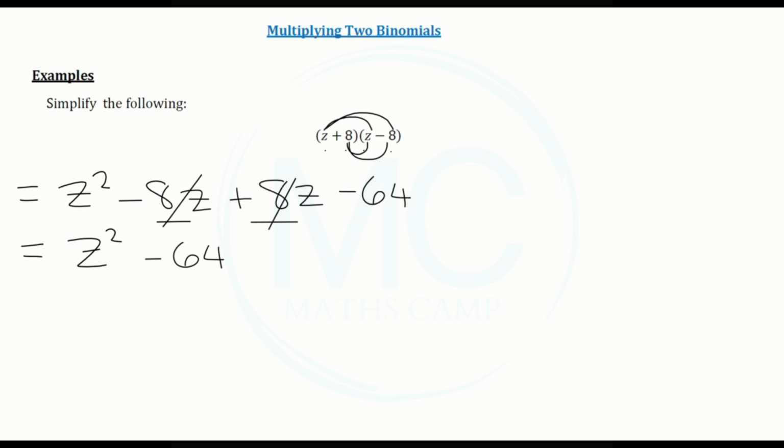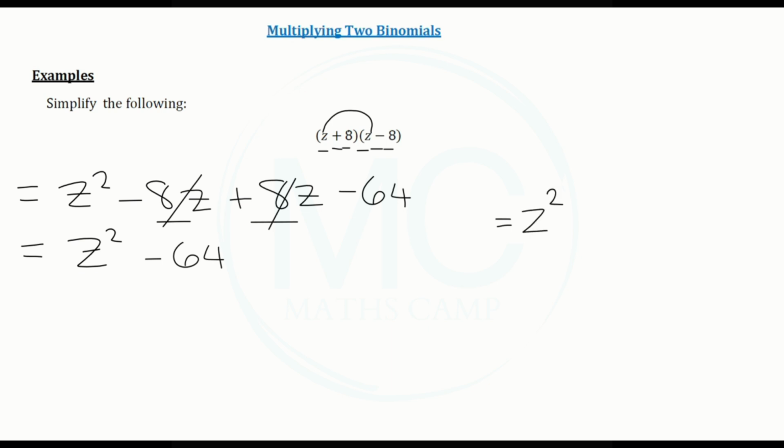Now, I just want to tidy this up a little bit. As you can see in these brackets, they both have a z term, and they have a constant of 8. One is positive, and one is negative. When you have brackets like this, there is a trick that we can use. First, we multiply z by z, and we get z squared.